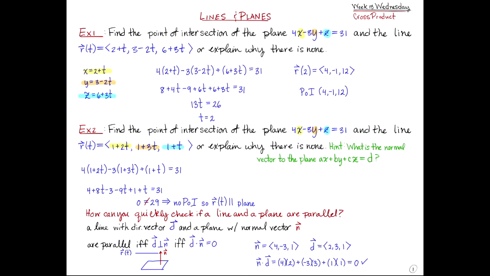For these types of questions, that's a good place to start, is just quickly look at the normal vector of the plane, the coefficient of your x, y, and z term, and the direction vector of your line, which is the coefficient of the t terms. Take the dot product. If you get 0, then that proves that the line and plane are parallel. If you do not get 0, then keep going like we did in these two examples to find the point of intersection.